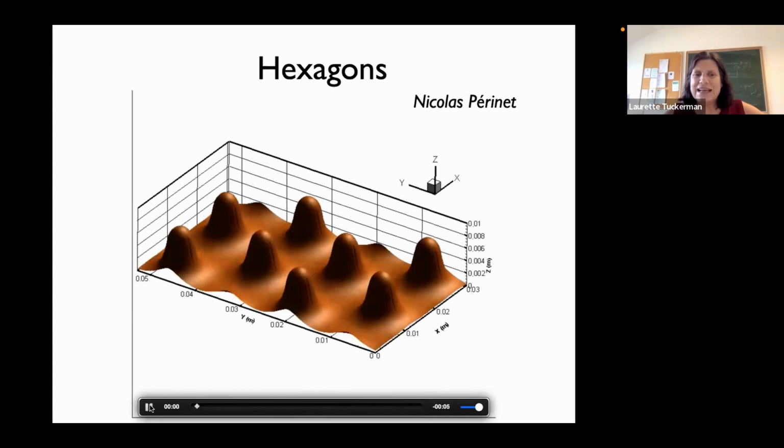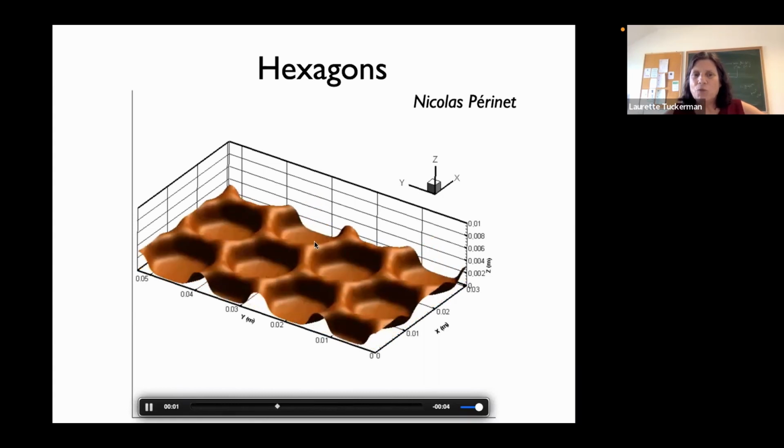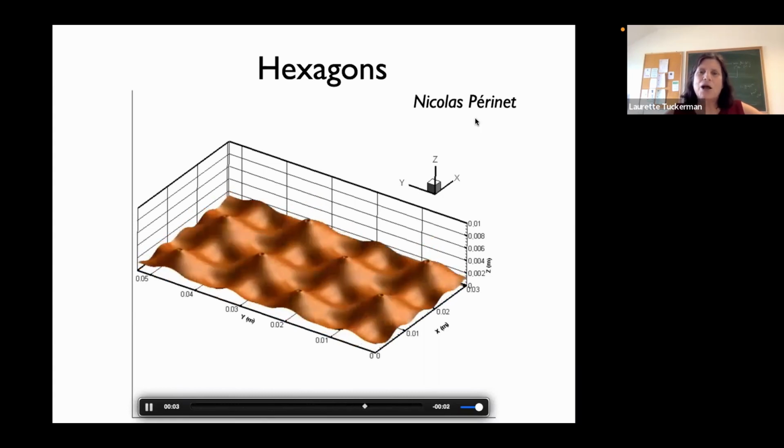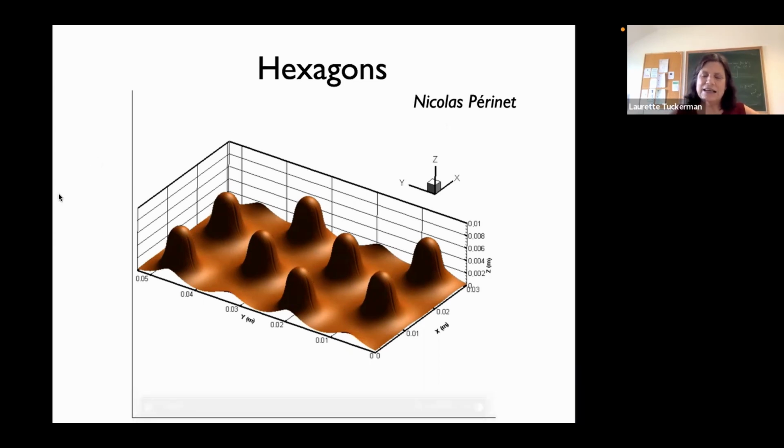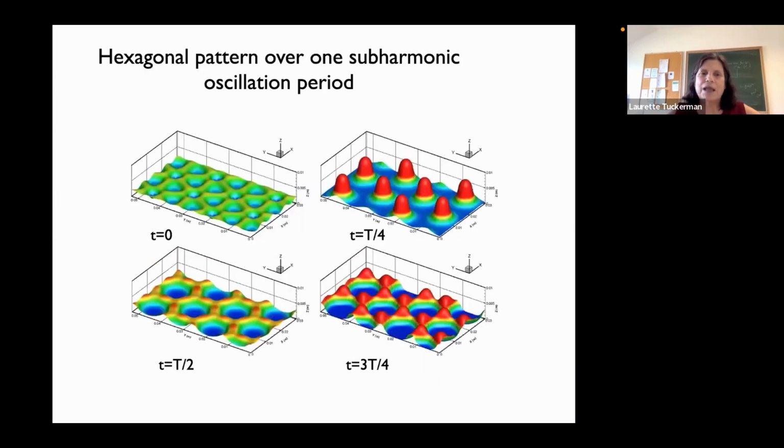Okay, so it really is hexagonal. 1, 2, 3, 4, 5, 6. And that was Nicolas Perinet. He did the first numerical simulations of Faraday waves, and that was with the standard patterns, hexagons and squares. And here I'm going to show you the hexagons in beautiful color, as one can do.